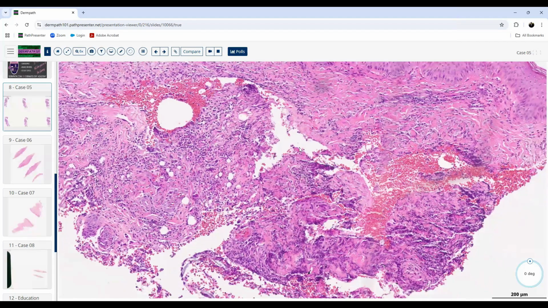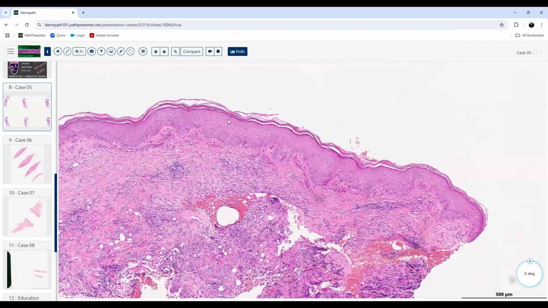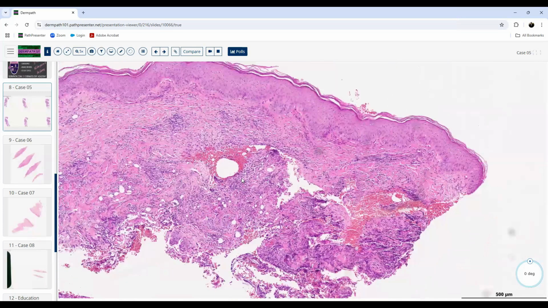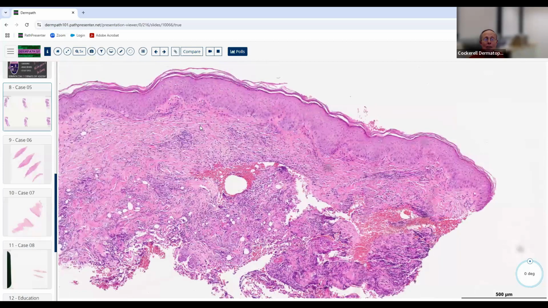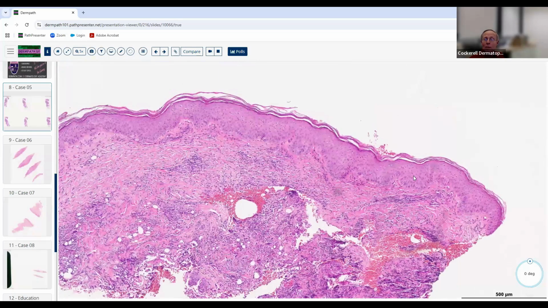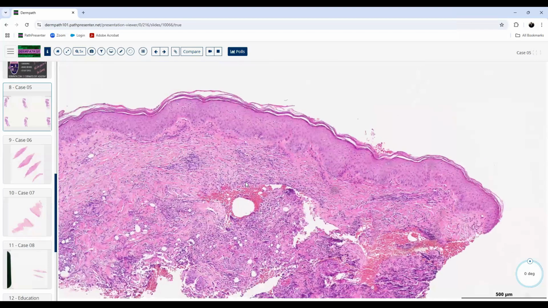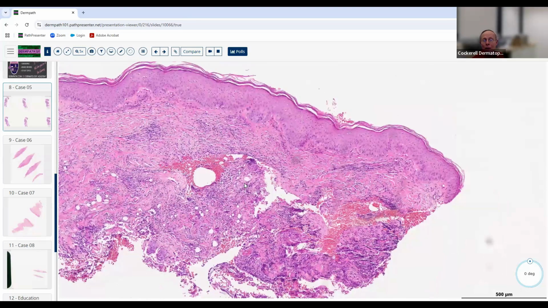Okay. But what about the epidermis? What about this area? It looks like the stratum corneum is sloughing a little bit. Maybe. Is there any major abnormality in the epidermis here? No, it looks largely normal. It's pretty normal, yeah.